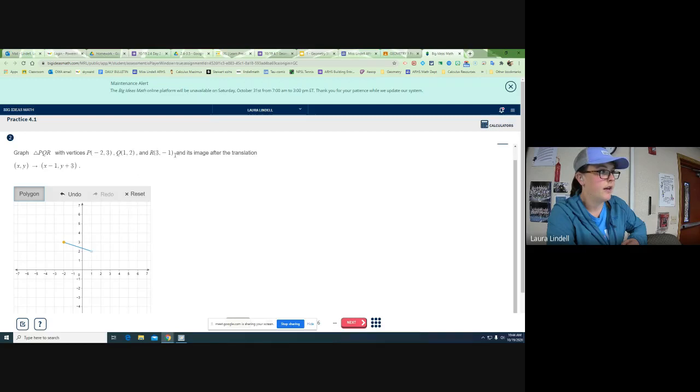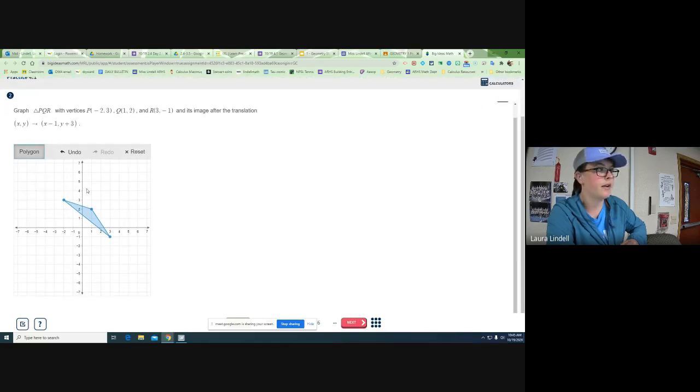And then (3, -1), so over 3, down 1. And then to close the shape, you want to click on the first point again, and that will close your shape. So making sure that we know how to use this graphing stuff.